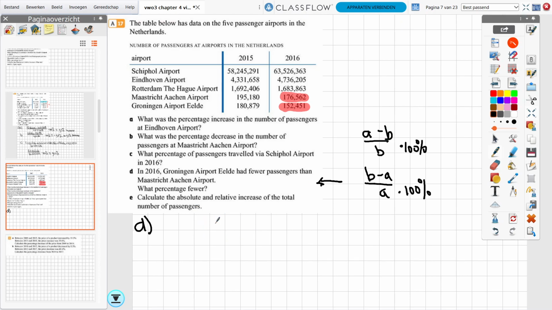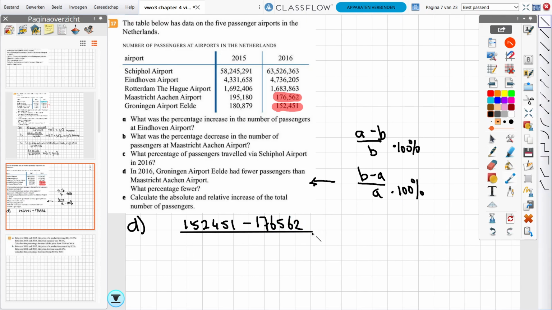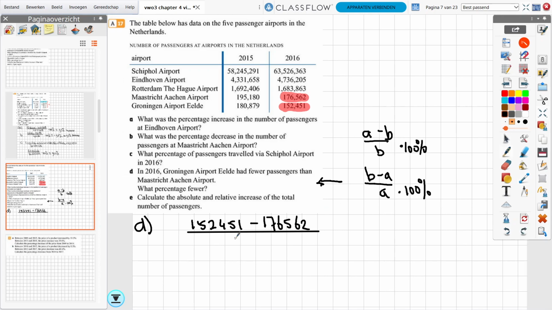So that means I take, and it looks a lot like new minus old over old, right? So we take Groningen Airport, 152,451, minus Maastricht, 176,562. Then do it over 176,562 times 100%.